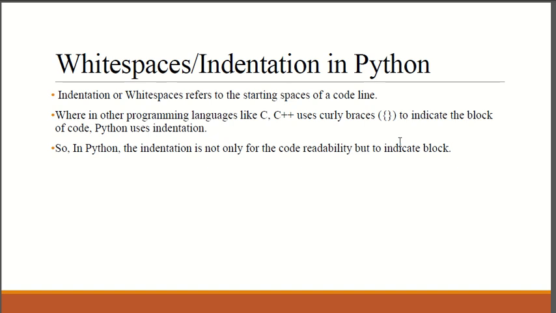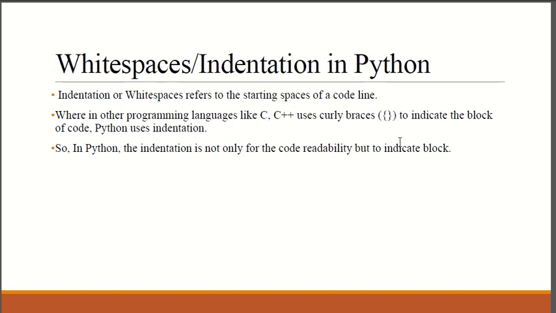The next topic that we are going to discuss is white spaces or indentation in Python. Indentation or white spaces actually refers to the starting spaces of a code line. We have seen that other programming languages like C and C++ use curly braces to indicate a block of code, whereas Python uses indentation.